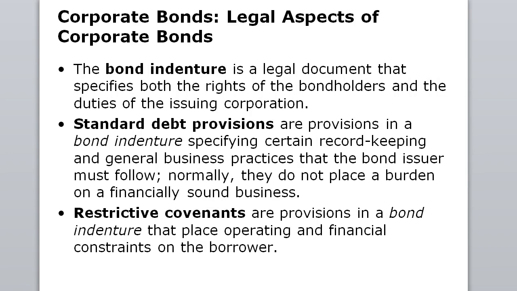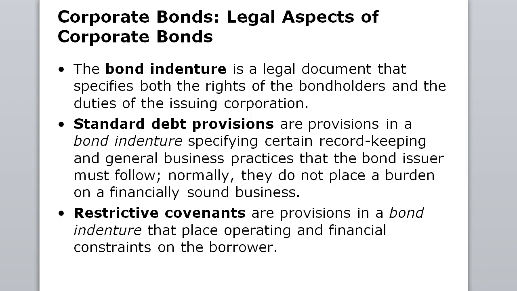Now, a bond indenture is a legal document that specifies both the rights of the bondholder and the duties of the issuing corporation. So, a legal document. And the standard debt provisions are provisions in a bond indenture that specify certain record keeping and legal business practices that the bond issuer must follow.